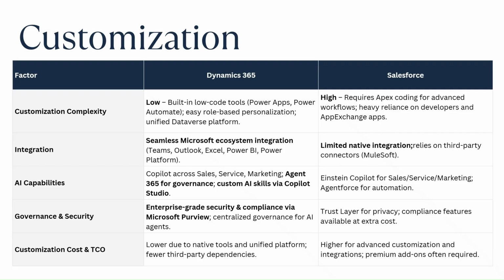Dynamics 365 delivers enterprise-grade security and compliance through Microsoft Purview, offering centralized governance for AI agents and data protection. And Salesforce uses the Trust Layer for privacy, with compliance features available at extra cost.